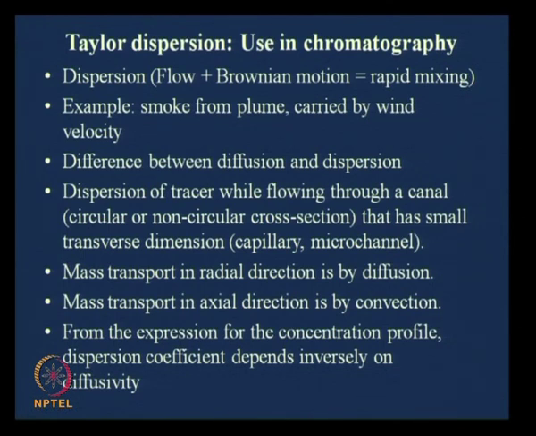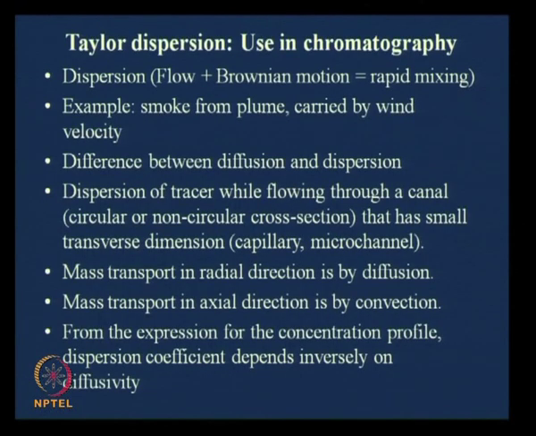on diffusivity. That means, suppose you have a species which is likely to diffuse very fast. Then one thing you know for sure is that the dispersion would be less.